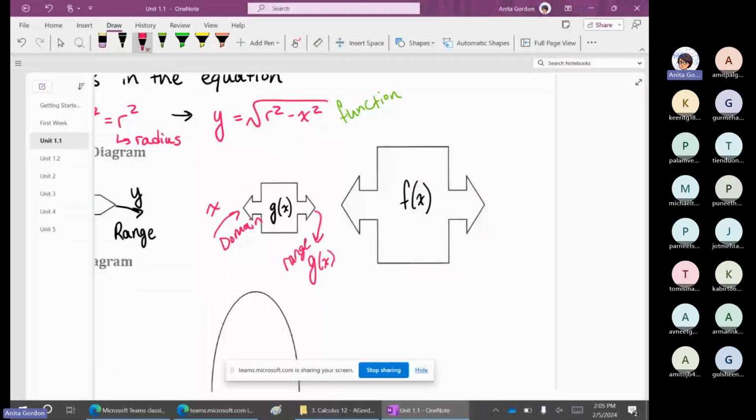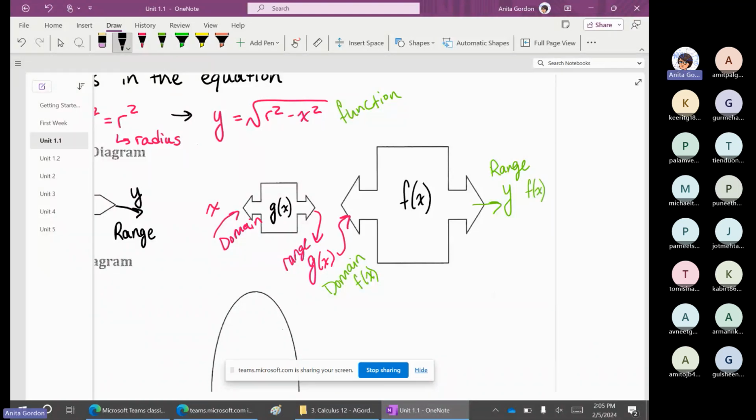But g then puts it into f of x. So the domain of f of x is the range of g of x, because it's a chain reaction. G of x goes into f of x then spits out a y, and this is the range of f of x. So we can have a function inside a function.